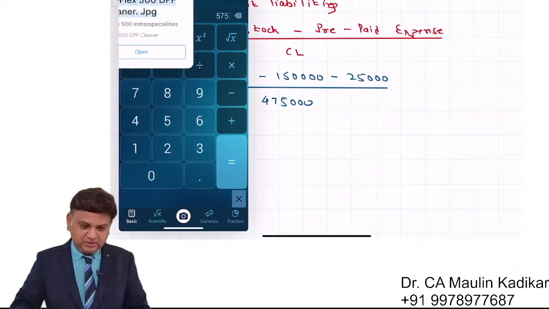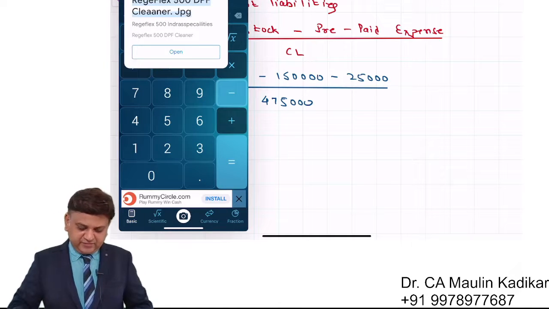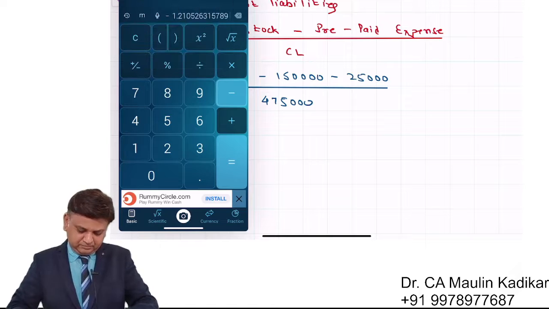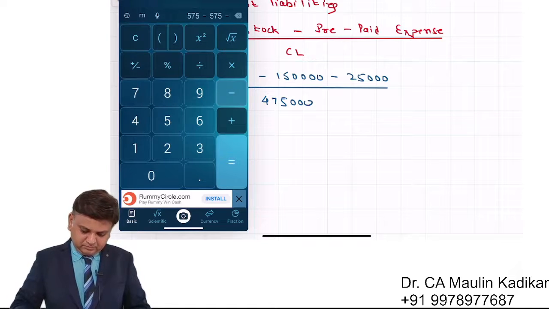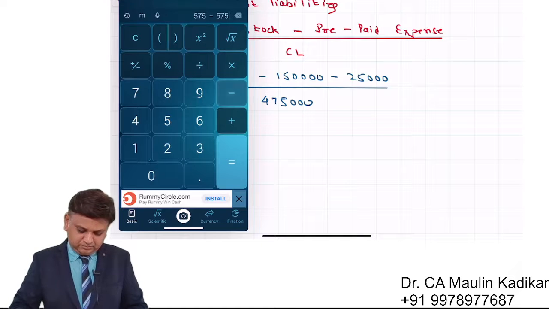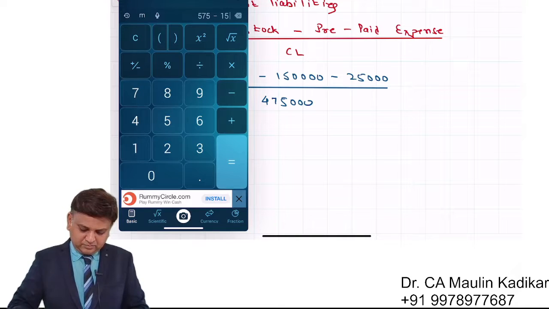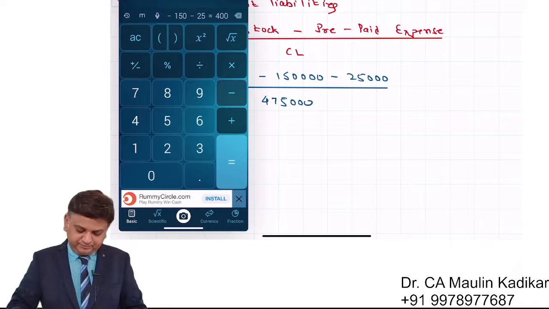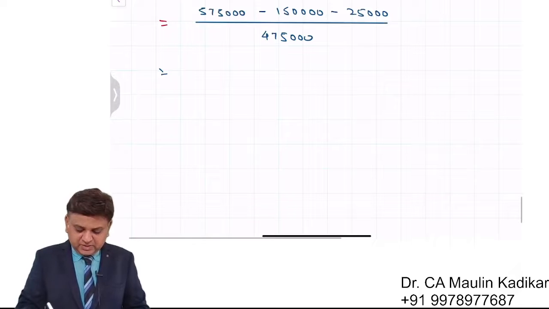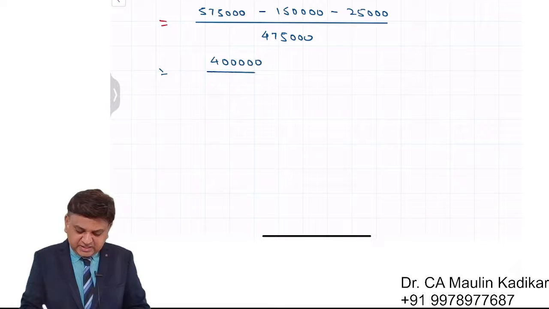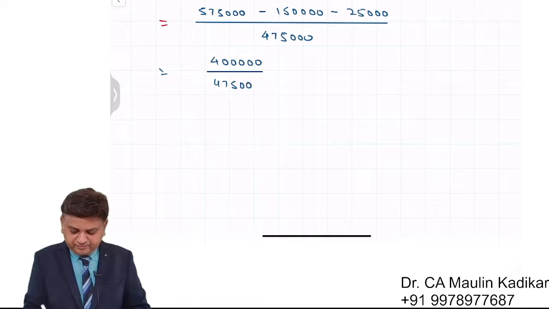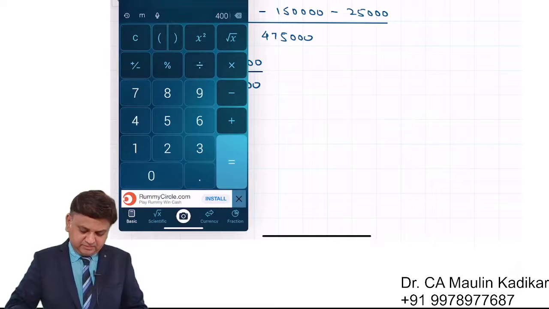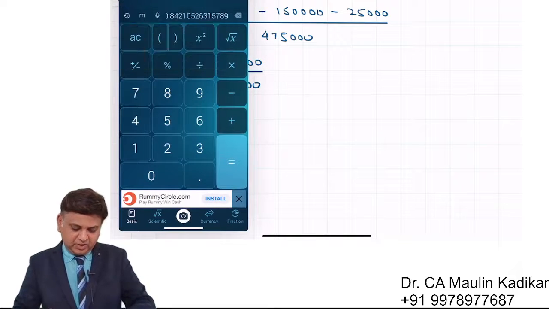So 5,75,000 minus stock 1,50,000 minus 25,000, the numerator is 4,00,000. So quick assets are 4 lakhs and current liabilities are 4,75,000. So the answer is 0.8421.